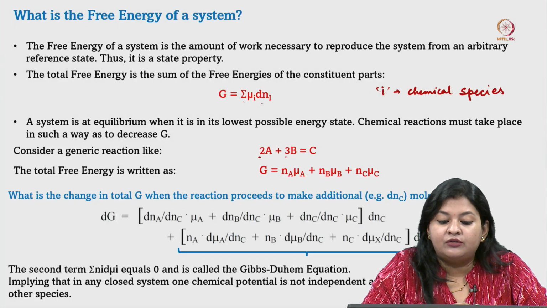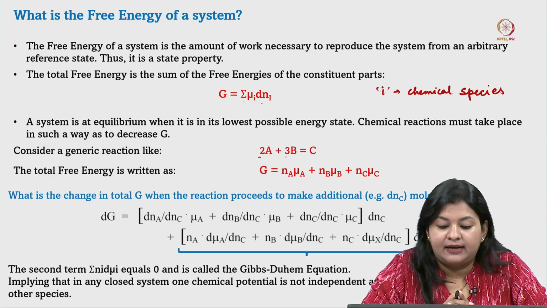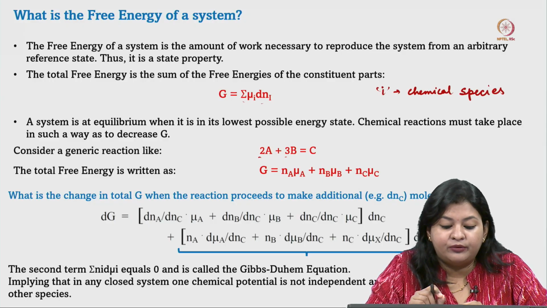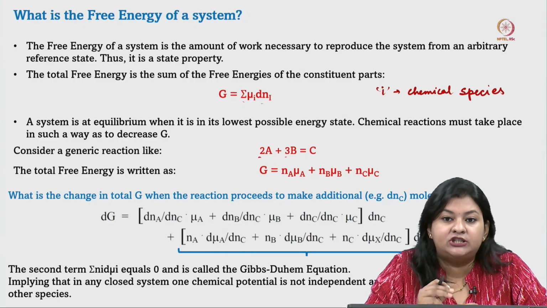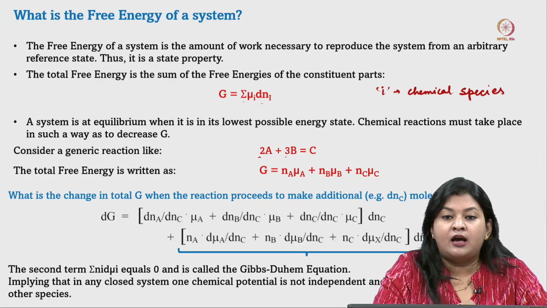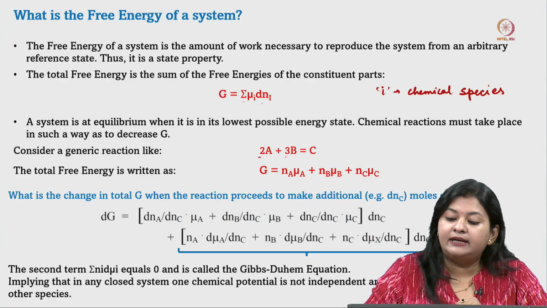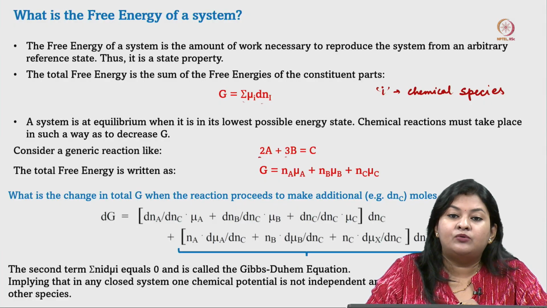So, you just go on summing over all the A, B, C. That is how it is written. Now, if you differentiate it, a small change, how much is this change in the free energy of the system due to an additional dNC moles of C.